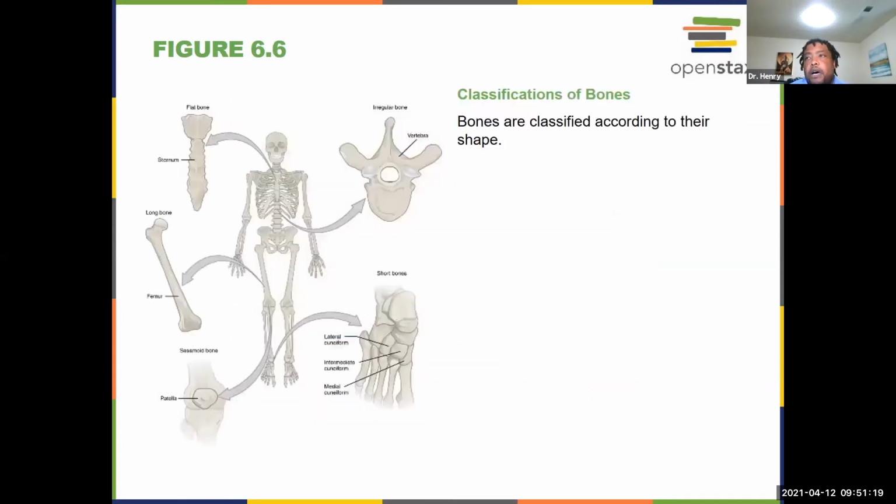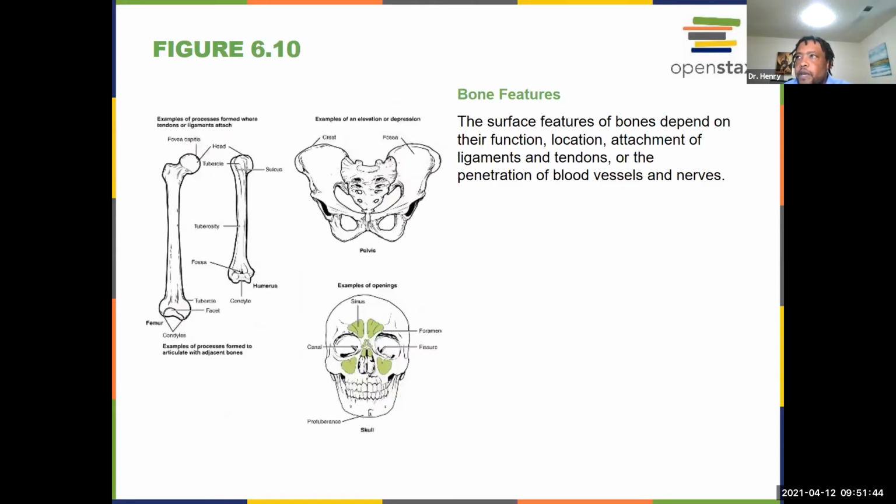Okay, a lot of the bones that we have are going to be classified based upon shapes. We're not going to focus on that part of it. I just wanted to let you know that a lot of the classifications, their names, are based upon the shapes that they form. Long bone, right? Short bone. It's their shape that describes them.